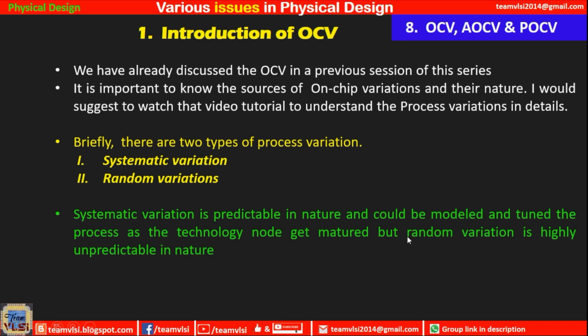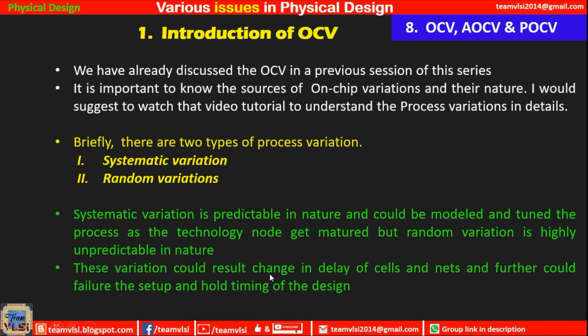But random variation is highly unpredictable in nature, so it is difficult to model. These variations could change the delay of cells and nets, and could further cause setup and hold timing failures of the design.